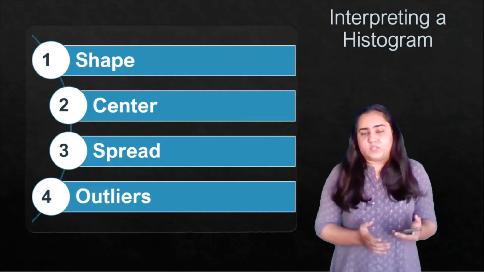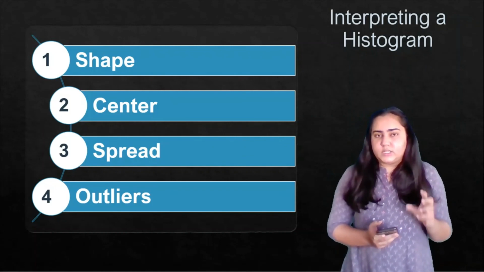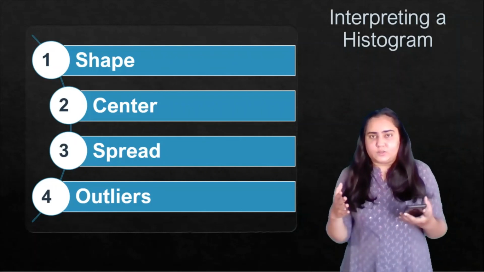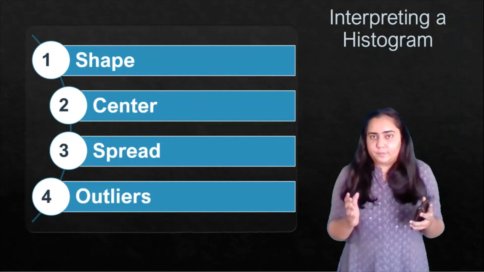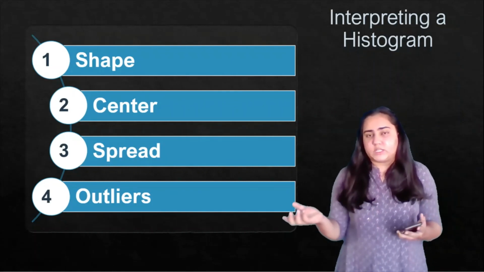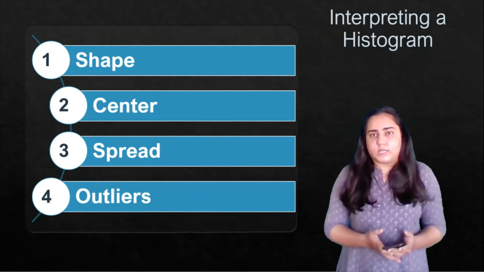And the outliers. Outliers are essentially data items that fall outside of the histogram. The histogram we saw earlier was all close to each other. But if there is some data that falls out of this range, then that would be an outlier.